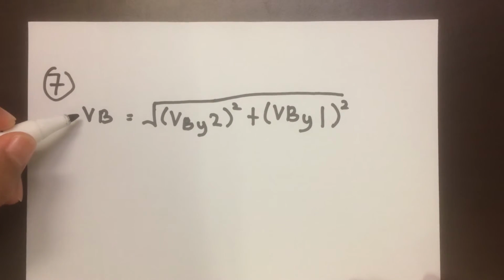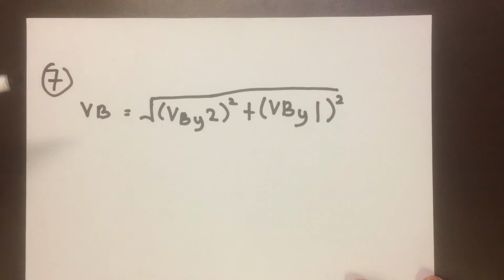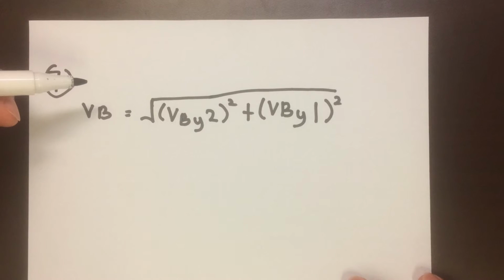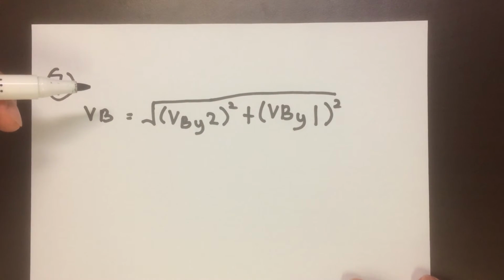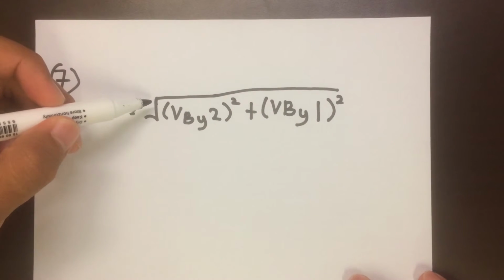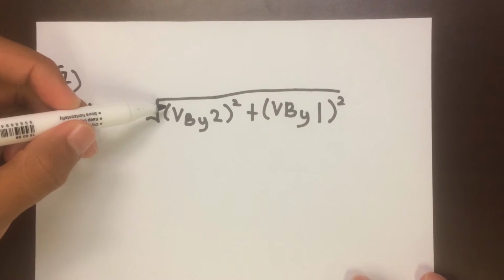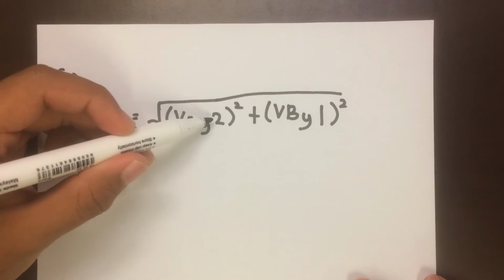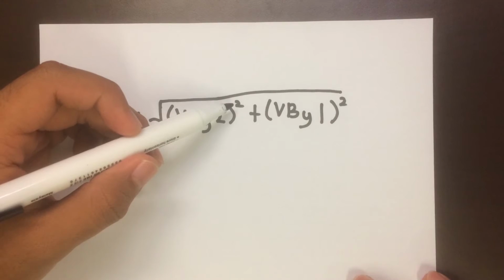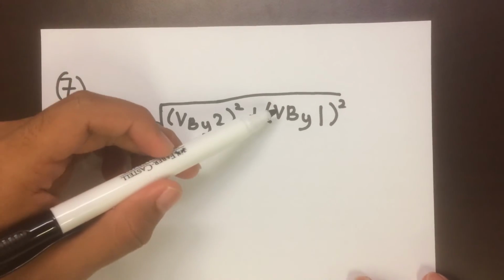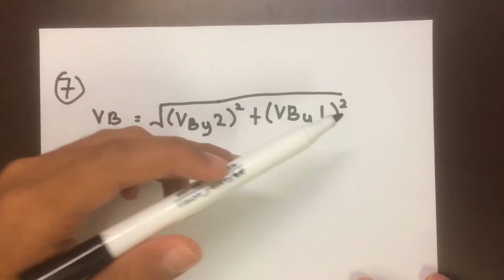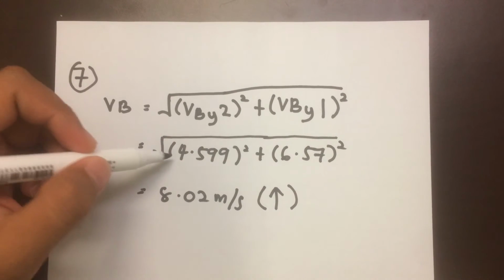To find the velocity VB, we use the equation of magnitude, the square root of VBY2 squared plus VBY1 squared.